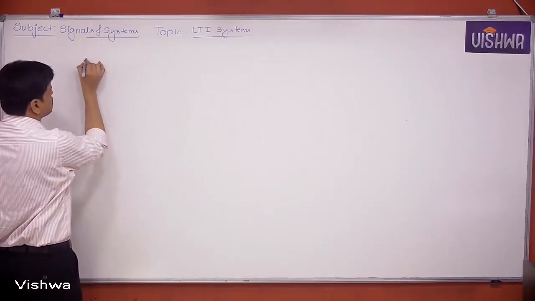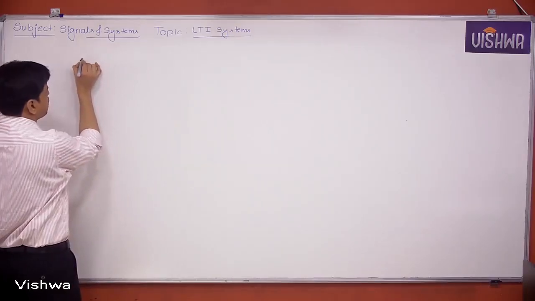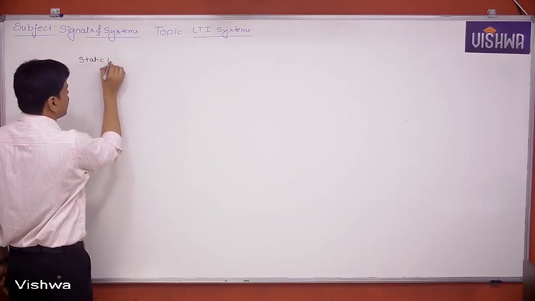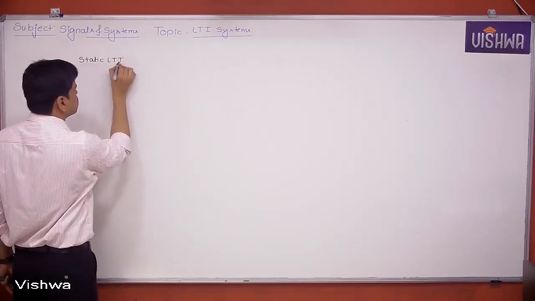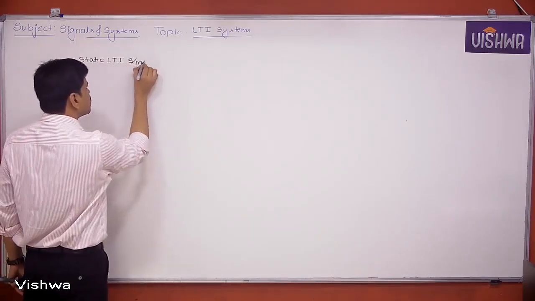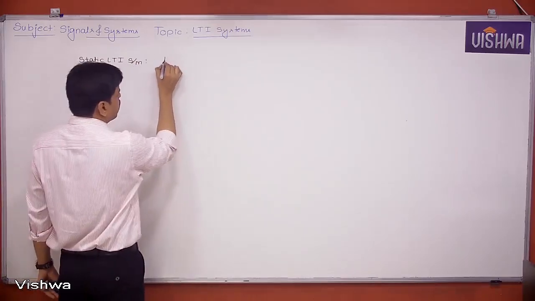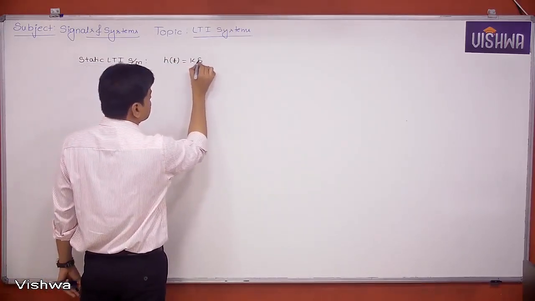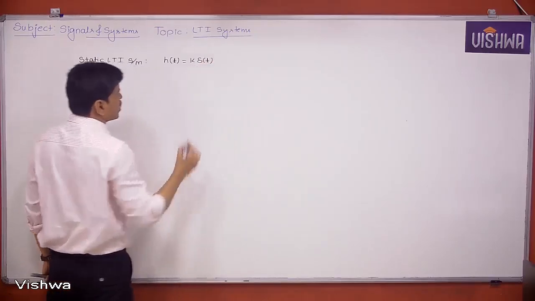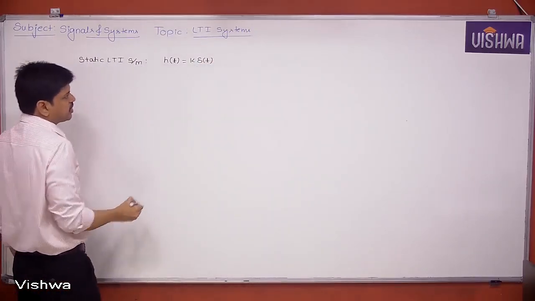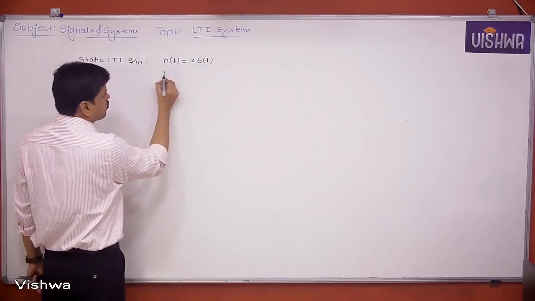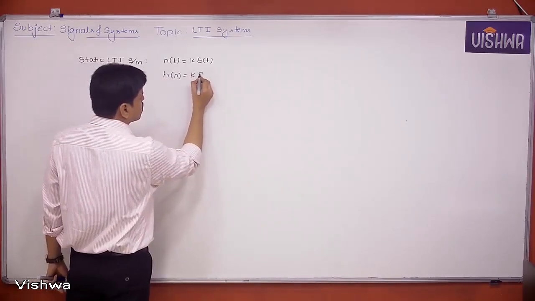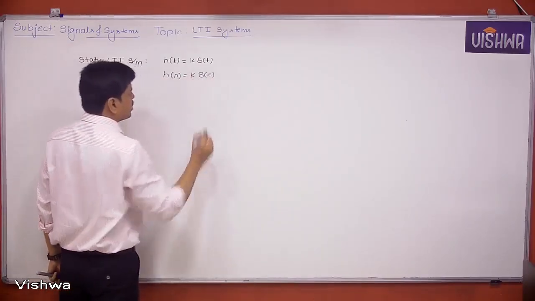So let's see, suppose if a system is a static LTI system, then it must have h of t in the form of k delta t, and h of n must be in the form of k delta n.